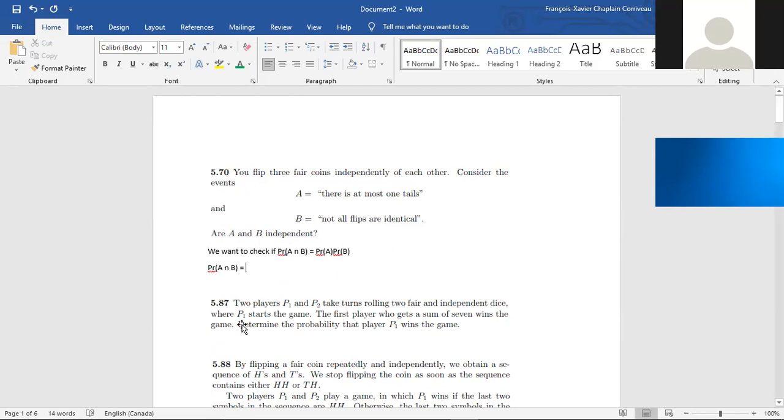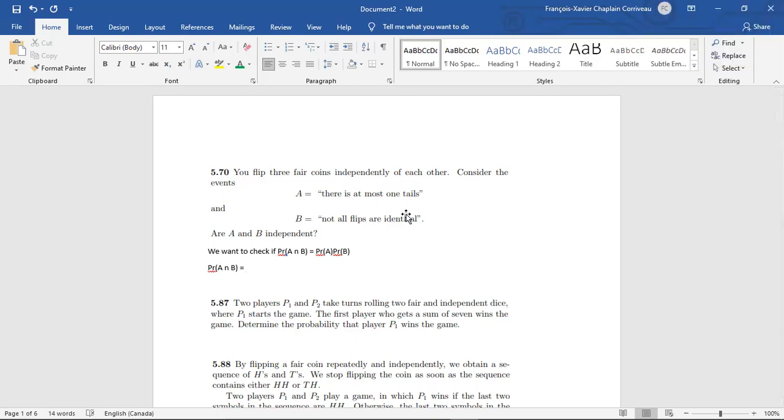Okay. So what is the probability that there is at most one tails and not all flips are identical? So how would we go about computing that probability? Anyone has an idea?